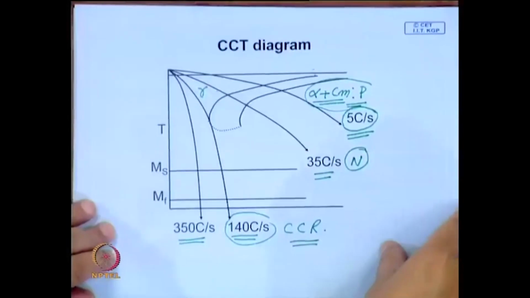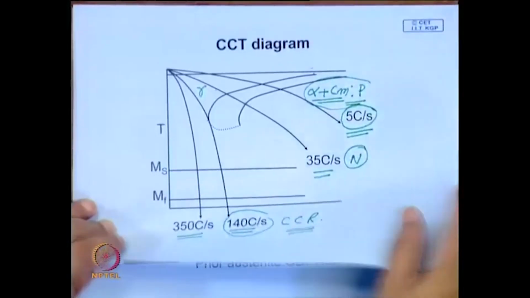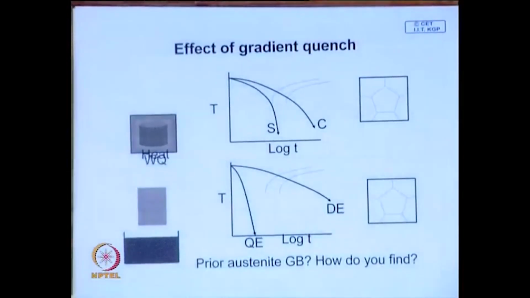So, what you can infer now is how the microstructure will look. Normally when you cool a job, it is quite interesting. If your job has a dimension, it is not possible that every point will cool at the same rate.